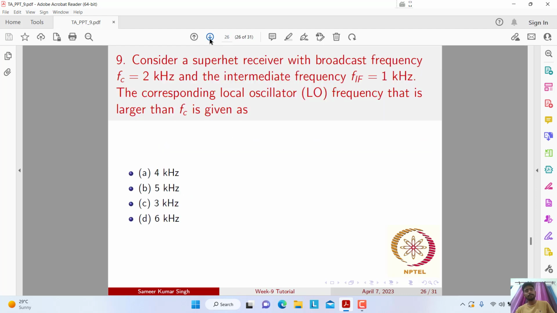Question number 9 is related to the superheterodyne receiver. Consider a superheterodyne receiver with broadcast frequency FC of 2 kHz and intermediate frequency of 1 kHz.